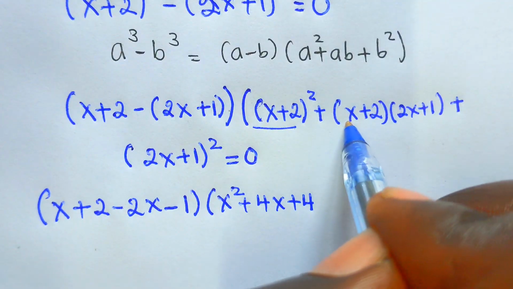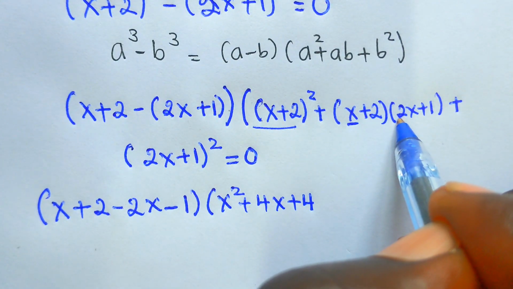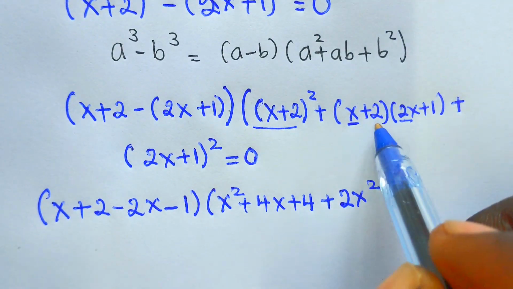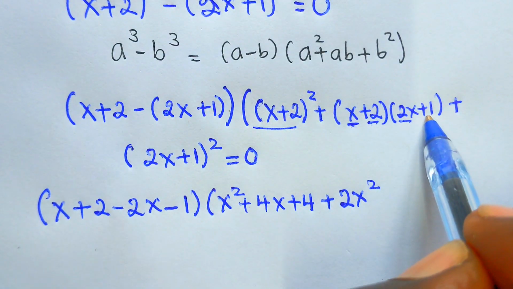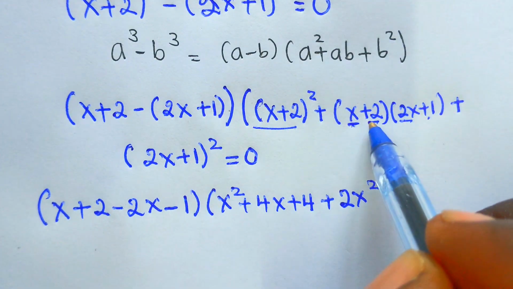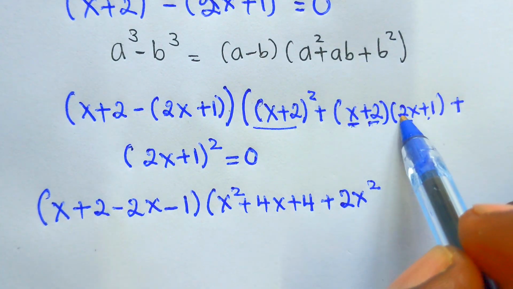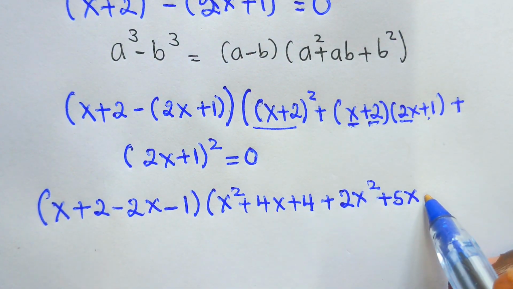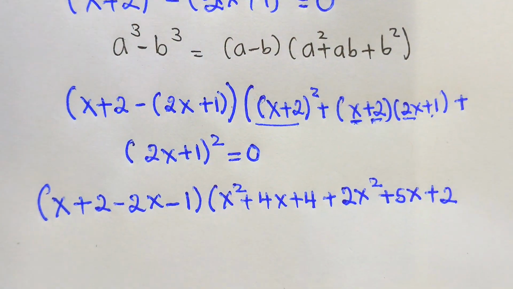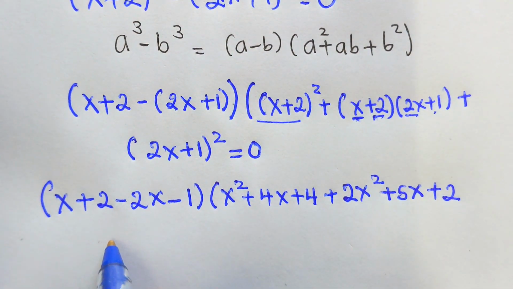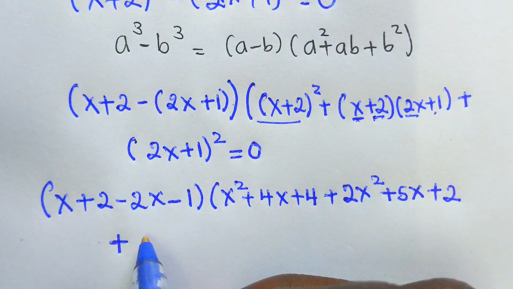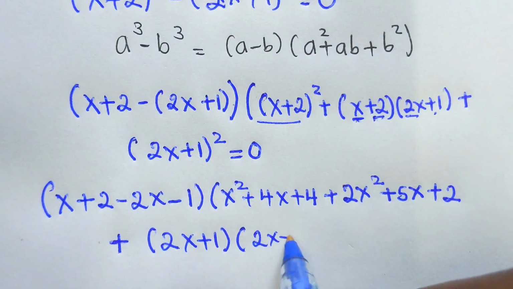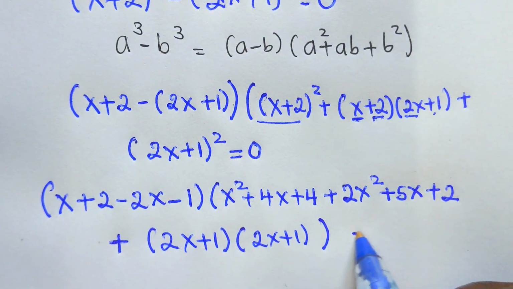And then x times 2x will be plus 2x^2. 2x times 1 will be x, plus 2 times this one will be plus 5x, then plus 2, right? Then here plus (2x + 1) times (2x + 1), then close again will be 0.